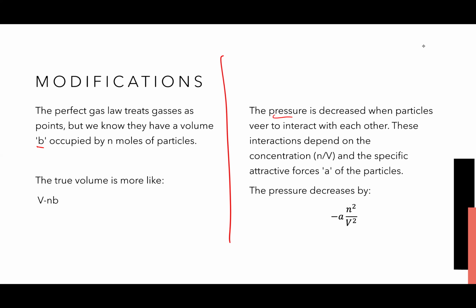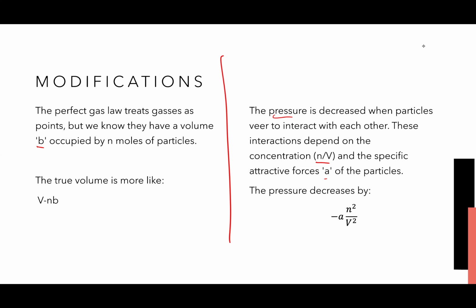These interactions depend on the concentration, moles per volume, which is the opposite of molar volume, and the specific attractive forces a of that particle. The stronger the attractive forces, the more they interact, and the lower the pressure would be compared to an ideal gas.